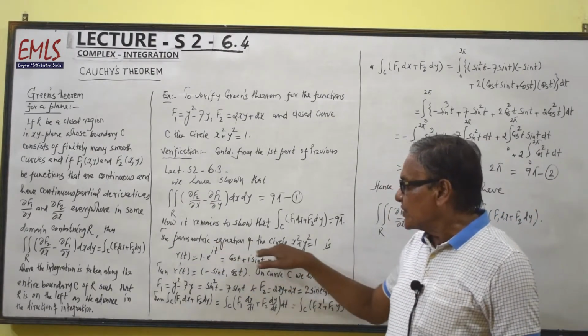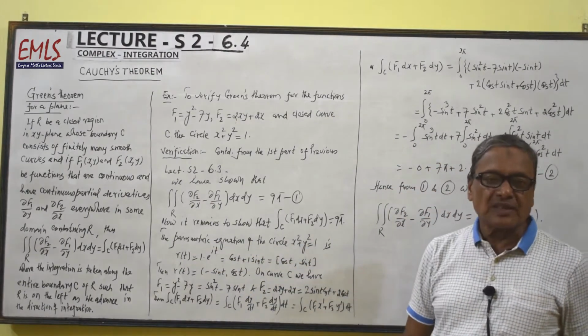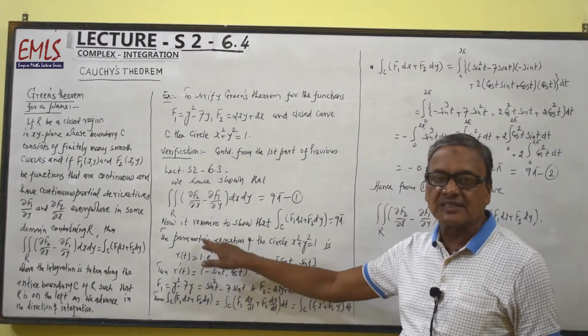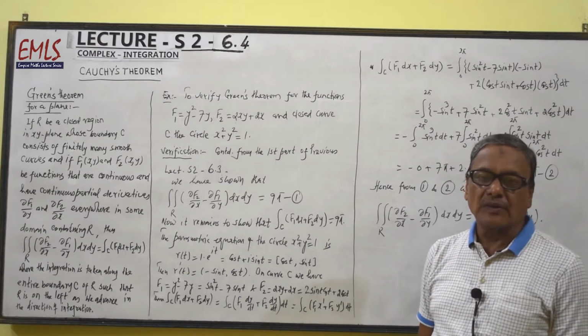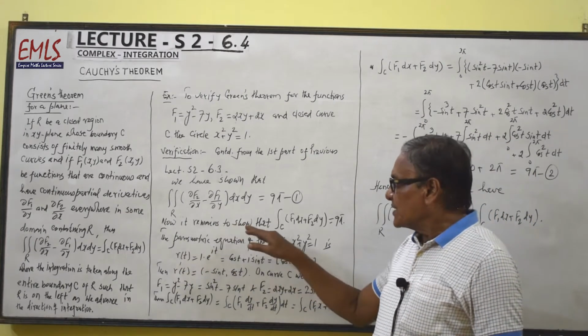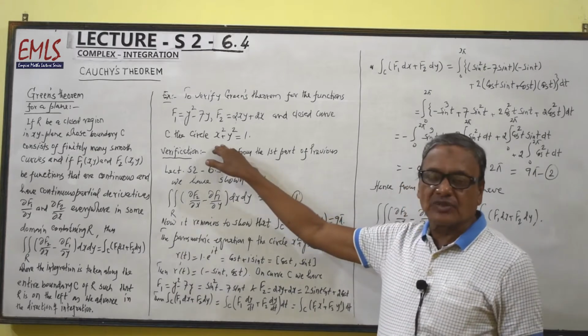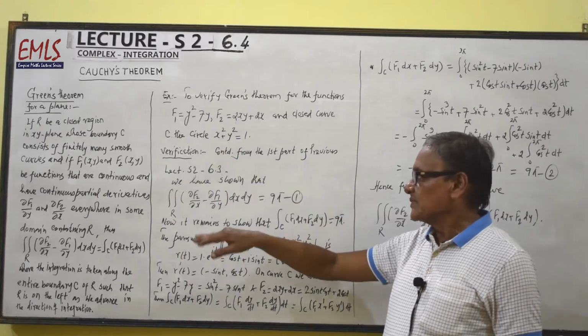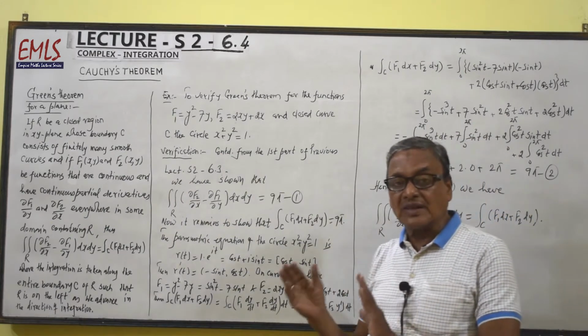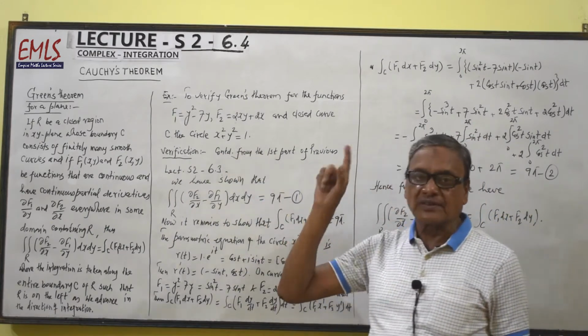The parametric equation of the circle x square plus y square equal to 1 is r(t) equal to 1 times e to power it, because here the circle is x square plus y square equal to 1, x equal to 1 cos theta, y equal to 1 sin theta, because the radius is 1.